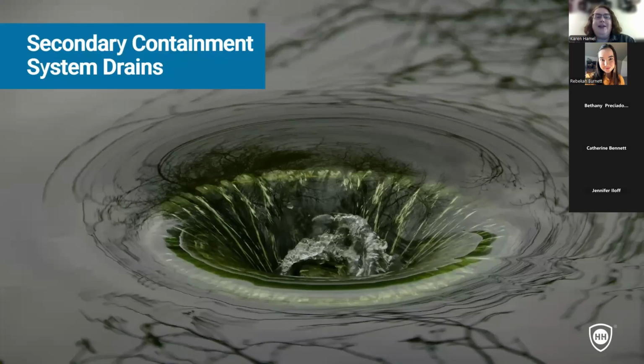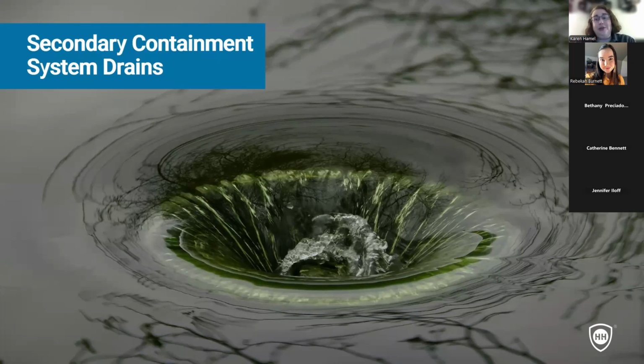And the next one is secondary containment systems. This is one where we can be lulled into a false sense of security. Of course, when a secondary containment system is outside, it's going to fill with rainwater. Over the winter, it's going to fill with snow, and eventually that snow is going to melt and it needs to be drained out. So we check the system, we make sure there are no pollutants in it, and then what do we do? We crack open the drain. We know it's going to take a good long while for that system to drain out, sometimes hours.